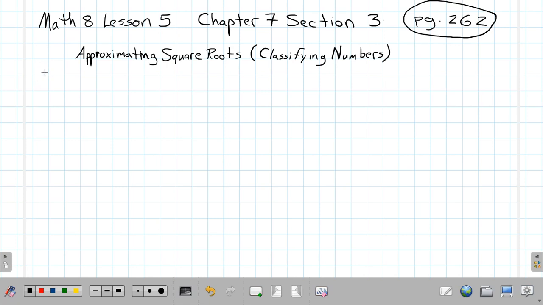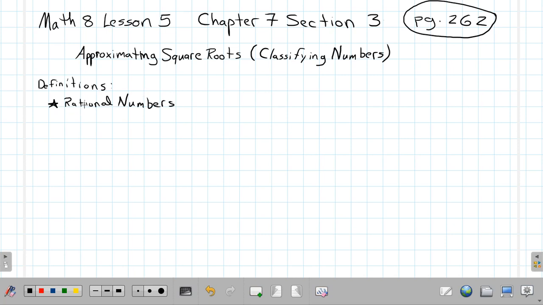Okay. So what we're going to have here, these are the definitions. So let me go ahead and write that out here. And the first definition we're going to talk about is what the definition of rational numbers is.